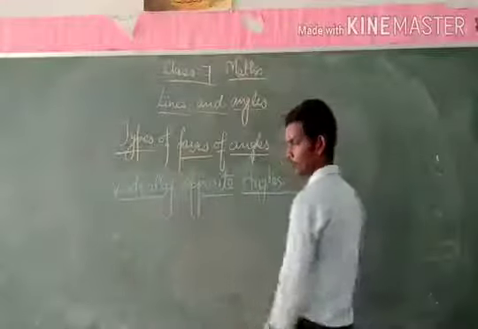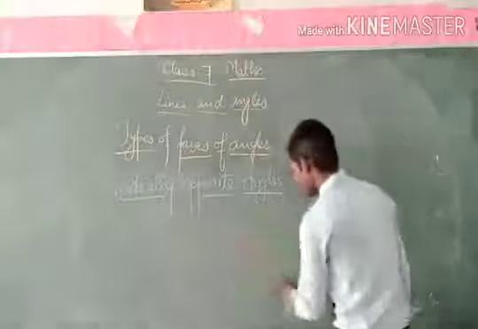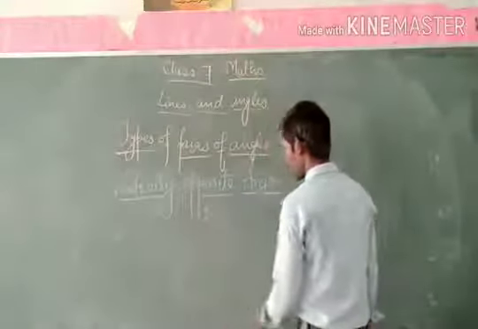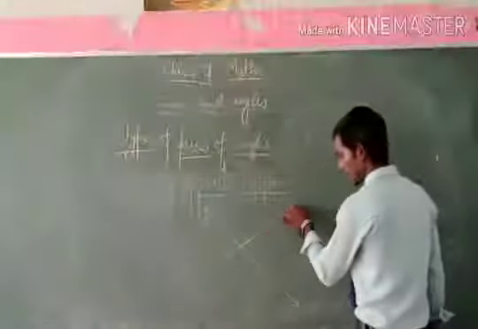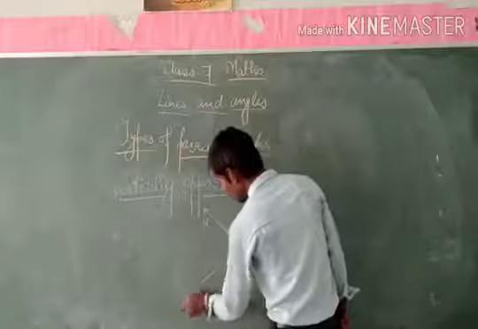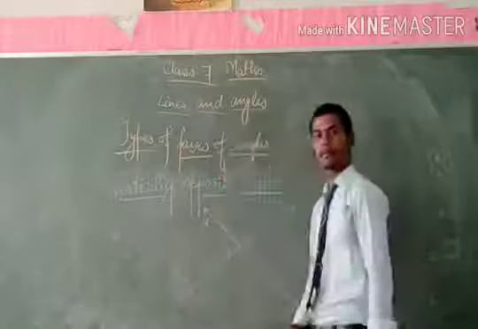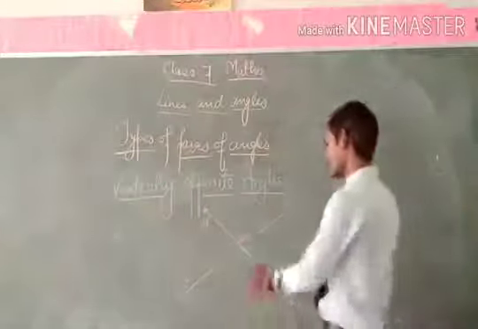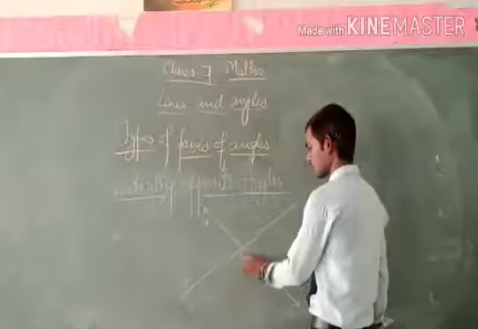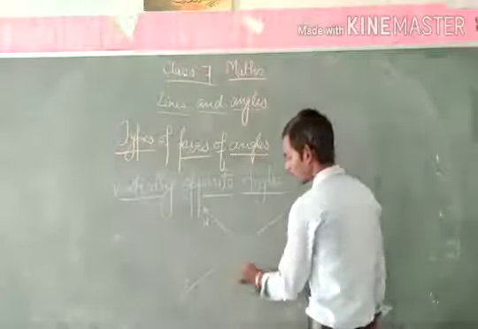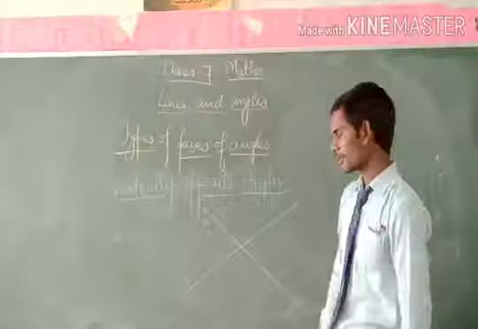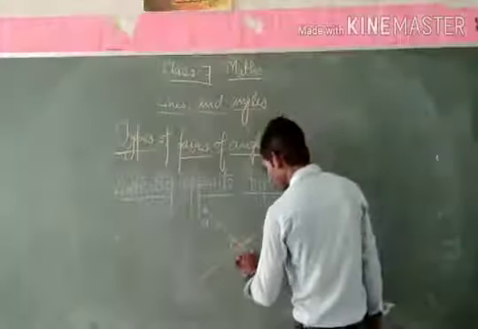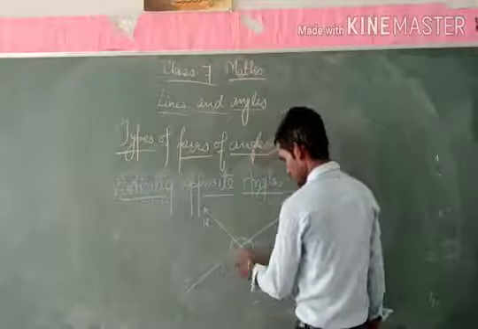Here we have two lines such that this is the first line, and we give the name of this line U, and this is the second line, and we give the name of this line V. Here we have two lines U and V which are intersecting at the point O. So here we can see that a few angles are formed at the point of intersection.